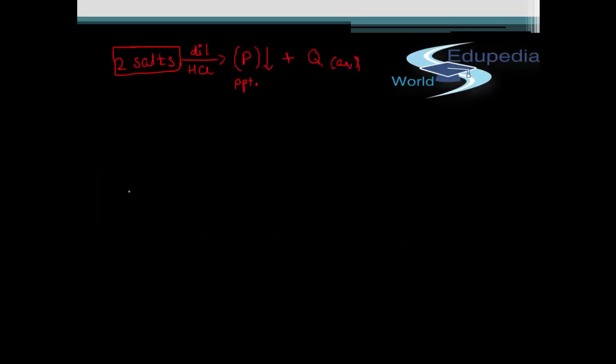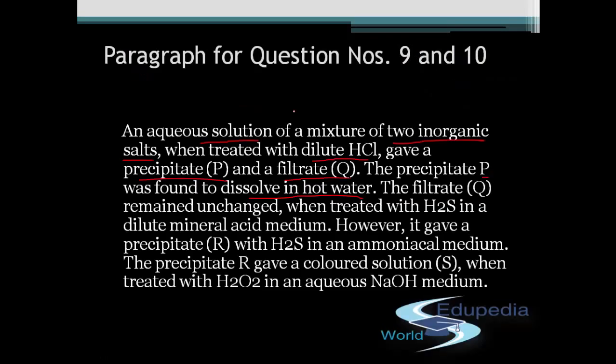So we have done our first part, that is we have identified P, which I have represented by PbCl2. Let us consider the question further. Let's see what more information has been given. For Q it says that it remained unchanged when it was treated with H2S in a dilute mineral acid medium.